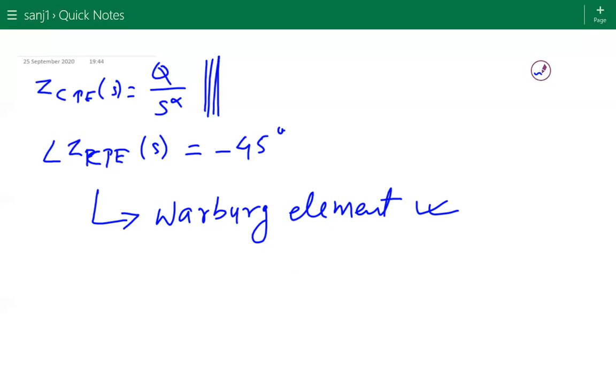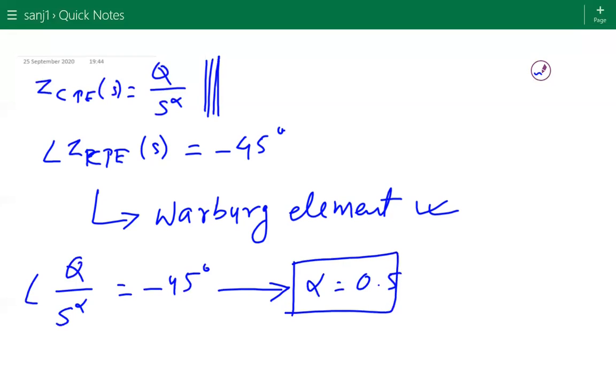What will be the value of alpha so that the phase angle is minus 45 degree? After calculating, we will know that the value of alpha equals 0.5.